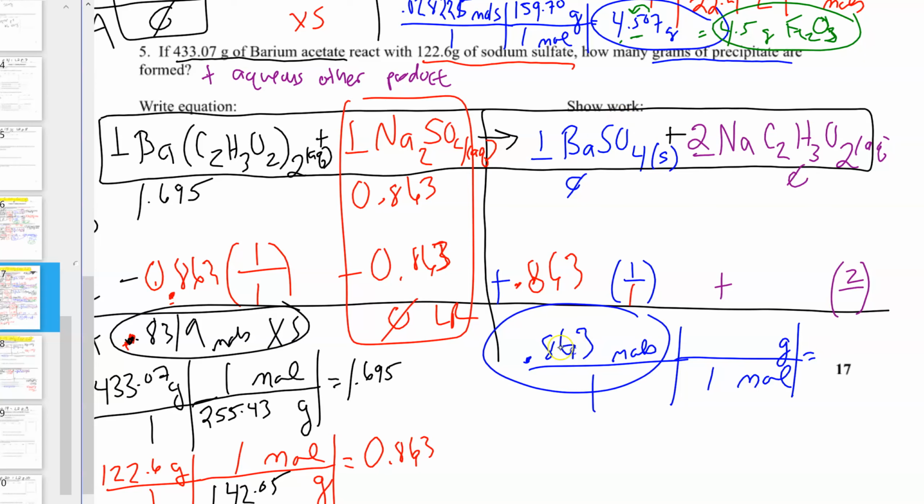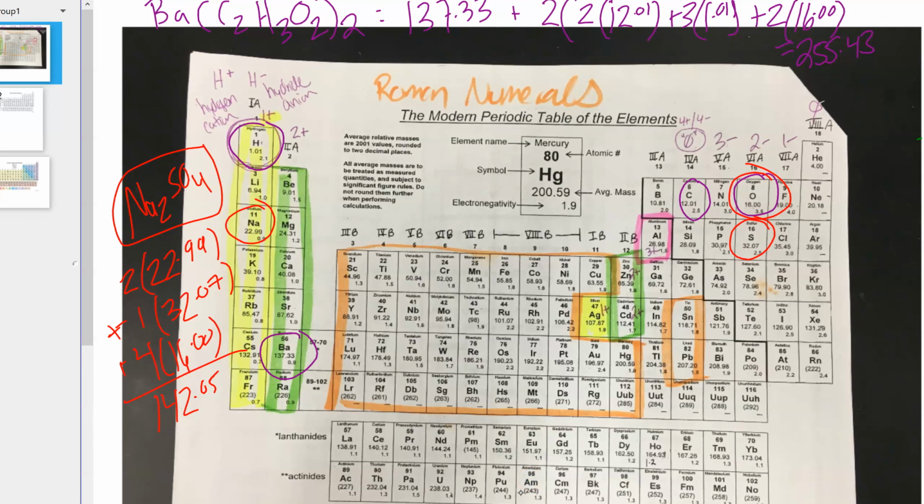So BaSO4. Go back to your periodic table. So it's going to be 1 times 137.33 plus 1 times sulfur, which is 32.07, plus 4 times oxygen, which is 16.00.